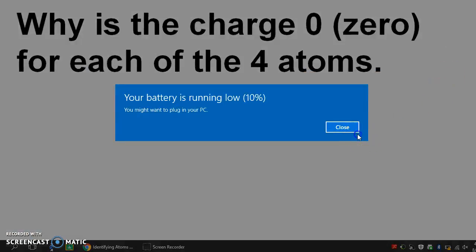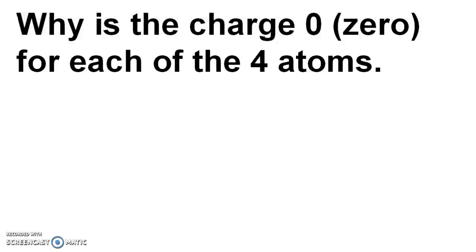So why is the charge 0 for each of the atoms? Think about that. Remember, we said the number of positive protons is going to be the same as the number of negative electrons. So an atom is going to have no charge because the positives and the negatives are equal. So there's a lot of math in science.